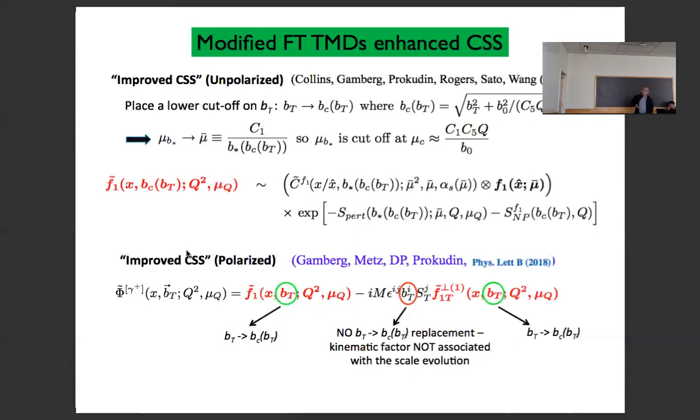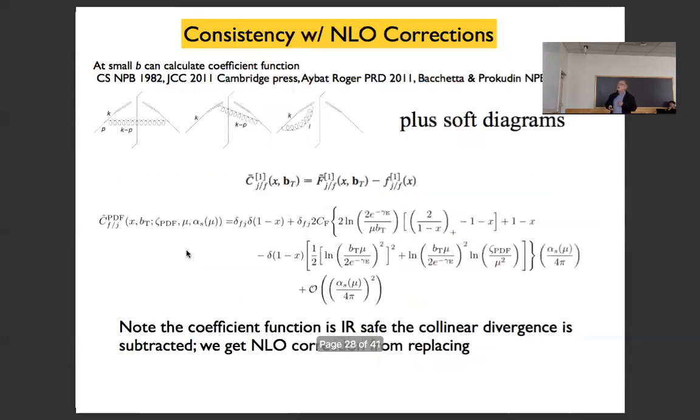We're going to look at the coefficient function as b_T goes to 0, but with this replacement of b_star, b_c, and b_T. So the way you calculate the coefficient function, we're doing it at next to leading order, we're not doing all orders here, is just look in the appendix of Ted's paper, or else look in John's book. You do a next to leading order expansion, and you get the coefficient function at zeroth order, which is 1, times the collinear PDF.